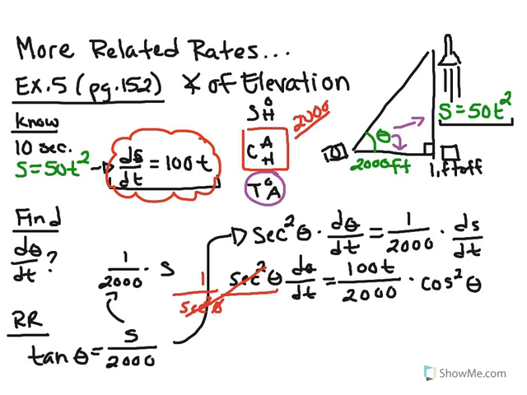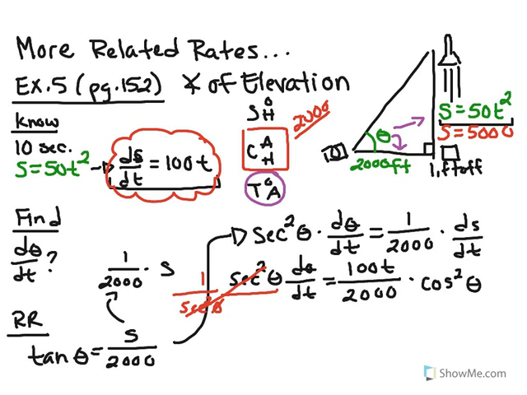Well, this is where some of this information is going to come in very handy. So this S over here is equal to 50t squared. And right now I know that t is 10, so 10 squared is 100. 100 times 50 is 5,000. Now, knowing this information, could I determine the hypotenuse of this triangle? And the answer is, of course we can.